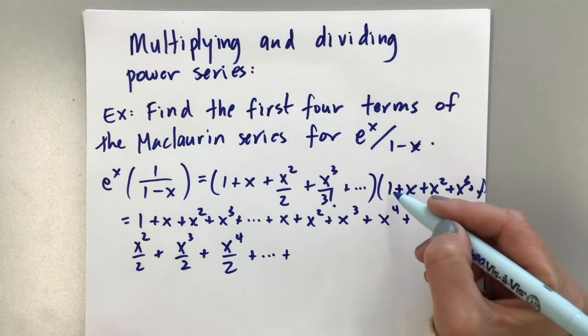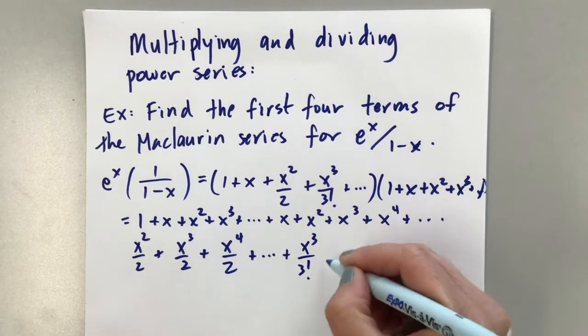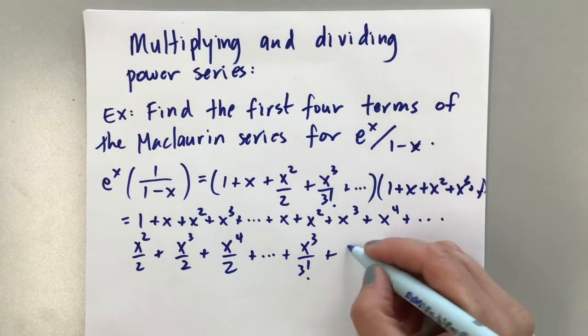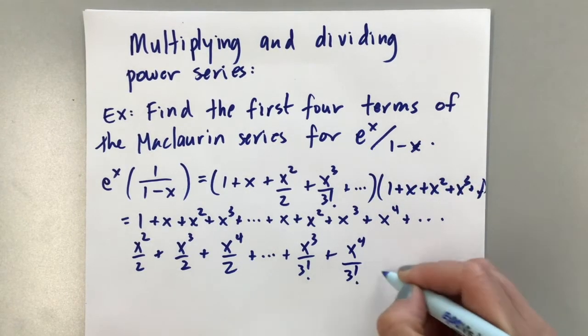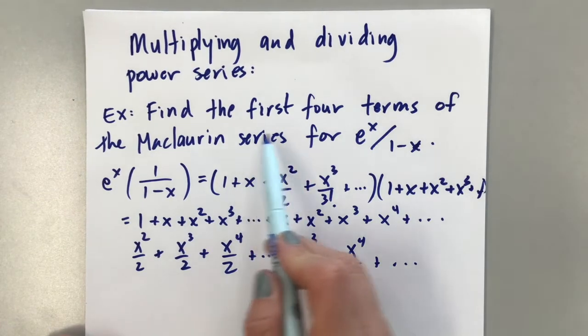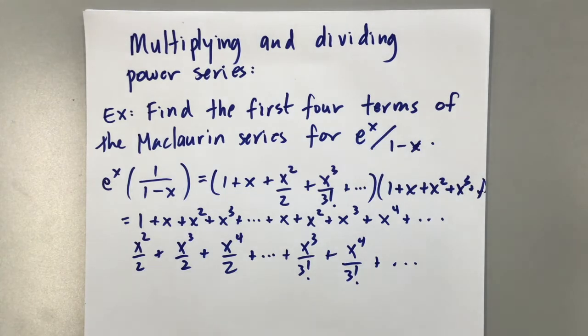So x cubed over 3 factorial times 1 plus x to the 4th over 3 factorial, etc., etc., etc. Again, experience tells me that I have more than enough terms here in order to get the first 4 terms of the Maclaurin series for this. But if in the end, after I collected like terms, I didn't have enough, I would just keep adding terms on until I have enough.